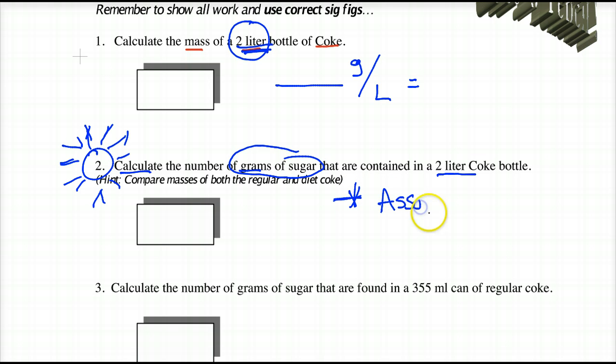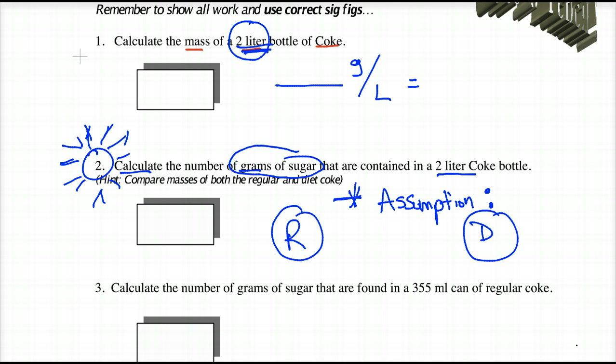Okay, what's that assumption? I know what happens when you make an assumption. You make a donkey out of you and me. The assumption is that regular Coke and Diet Coke have the exact same formula of ingredients, same amount of ingredients, except one has sugar and one does not.